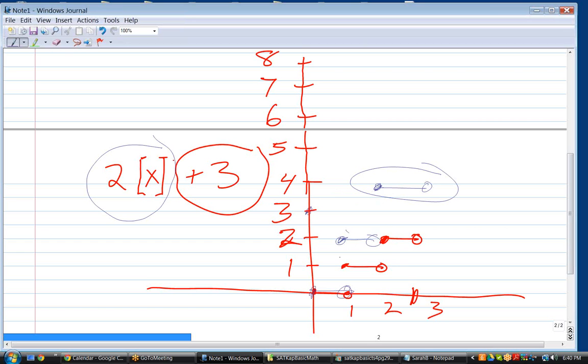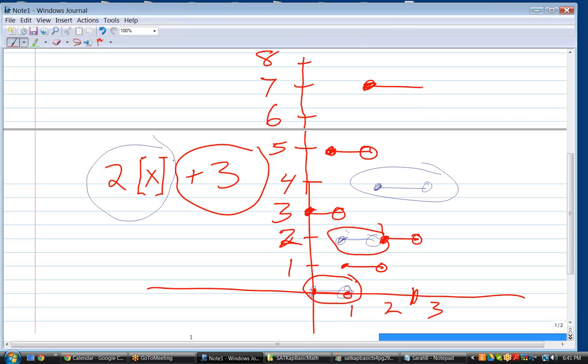So now we want to take the blues and shift each one of them up 3 units. I'll draw that in green. The only thing is when I use green I can never see it, so I'll use red again. This blue gets shifted up 3 units to right there, this one to right there, and this one goes up to right there.